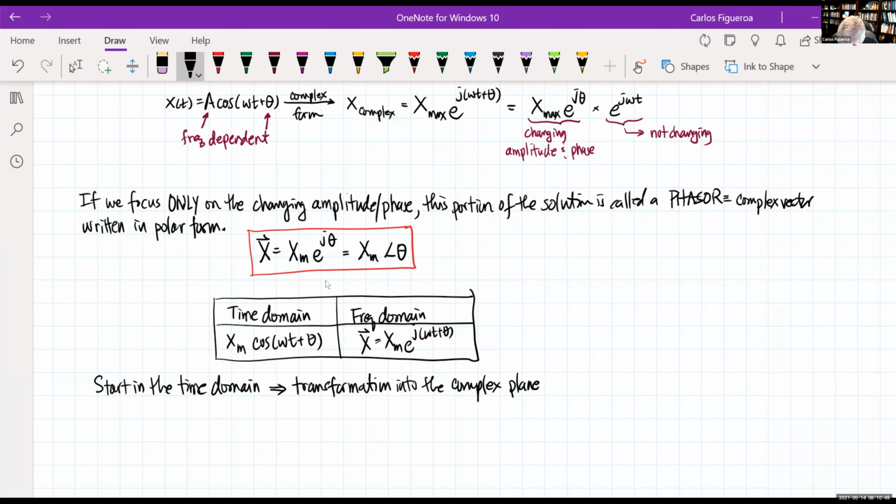And this is what we mean by a phasor circuit: a circuit in the complex plane.